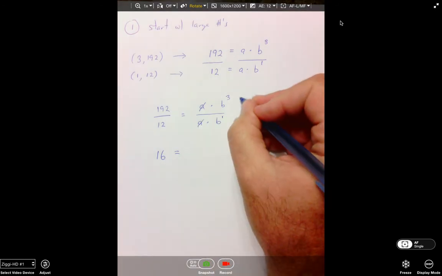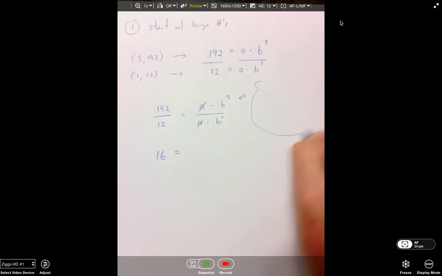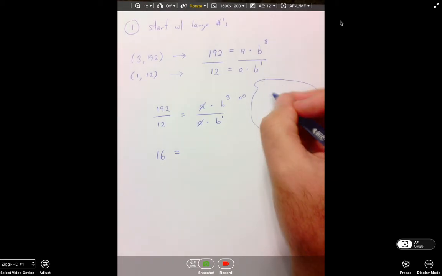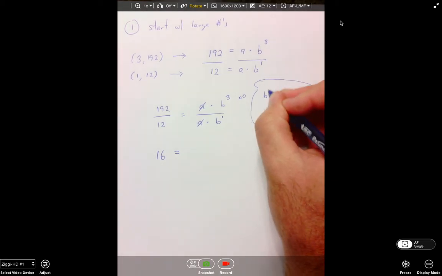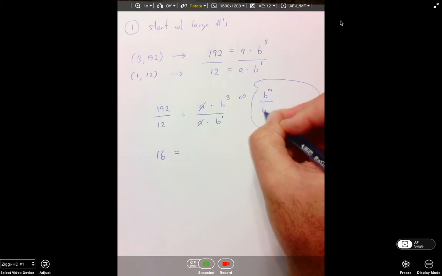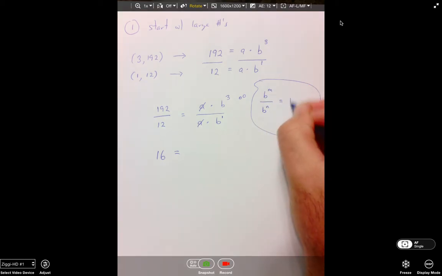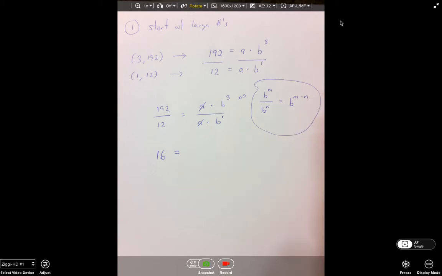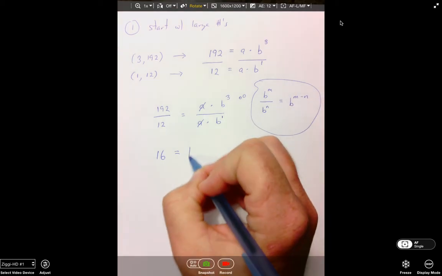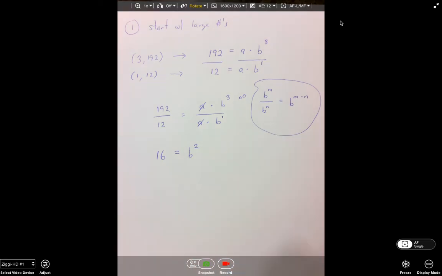And guys, remember a property that b to the m over b to the n is equal to b to the m minus n. So I'm going to take 3 over 1, so I subtract those, and I get b squared.